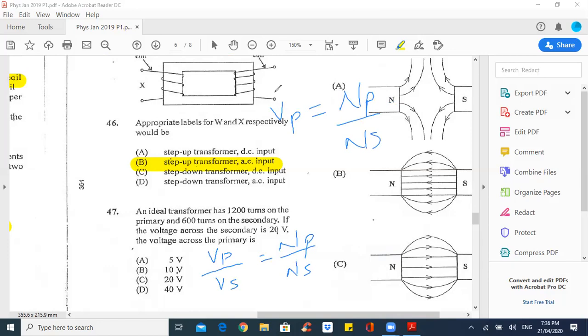So we're going to multiply Np, which was 1200, by Vs, which is 20, divided by 600.